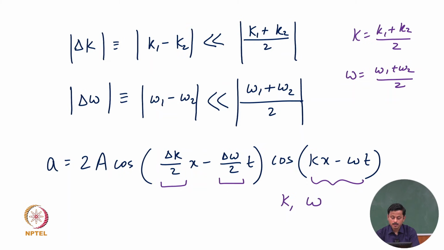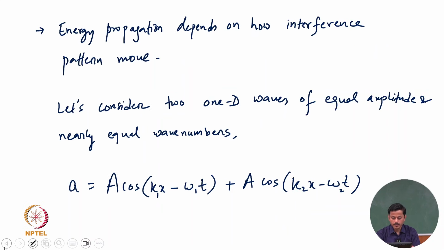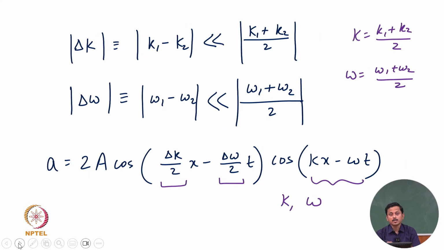Hence, this has a much lower wave number. That is, it's a much bigger wave, meaning a bigger envelope, and the frequency is also very low. So the wave pattern in this combination of waves is actually a burst or a group of waves which looks something like this.